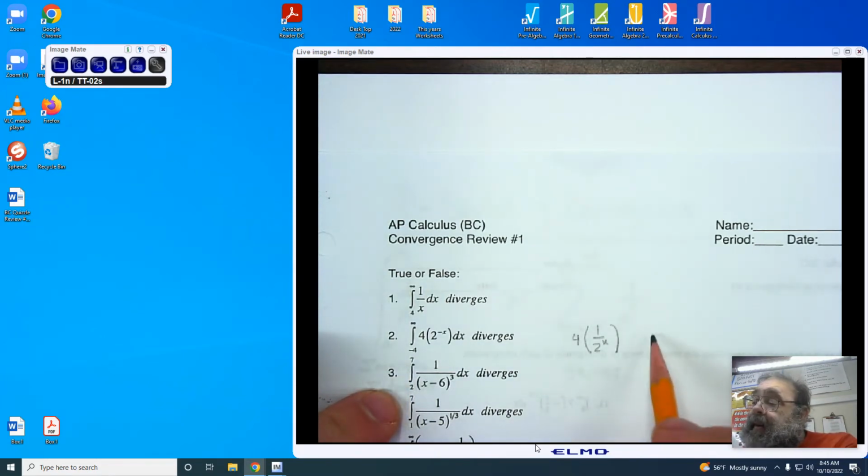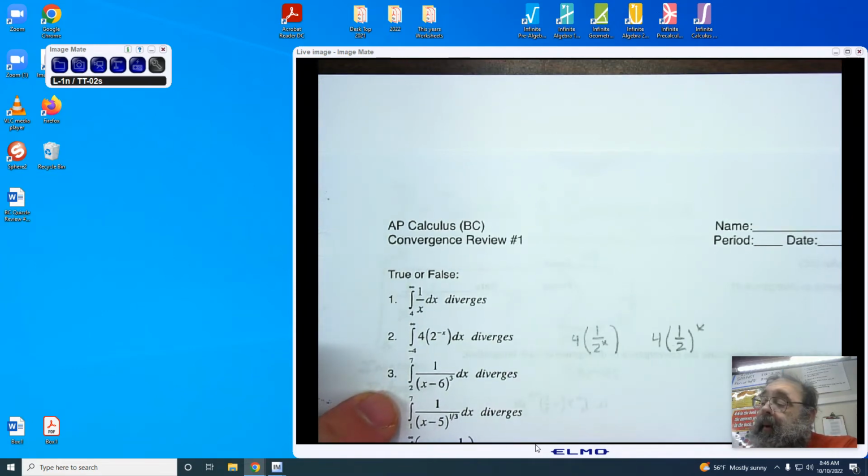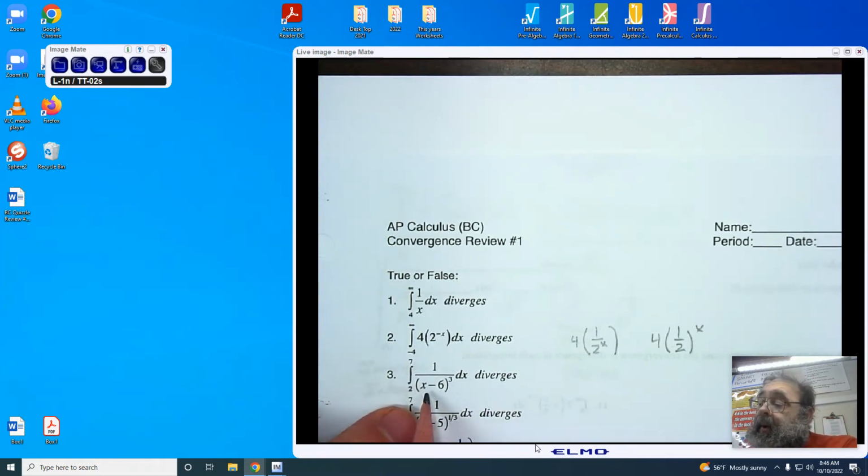We know that because I can look at it as 4 times 1/2 to the x power, and now I'm looking at a geometric series whose ratio is less than 1. In number 3, you'll notice we're approaching 6 as an asymptote from both directions.